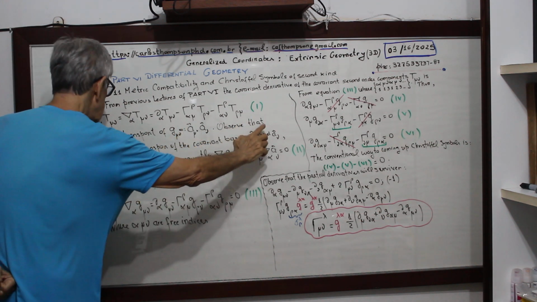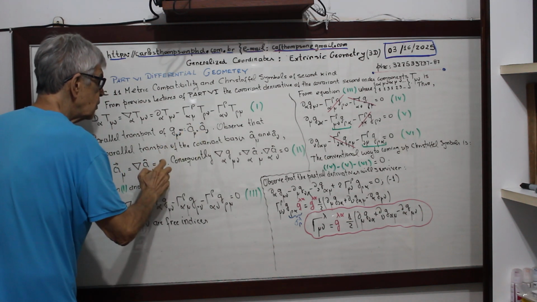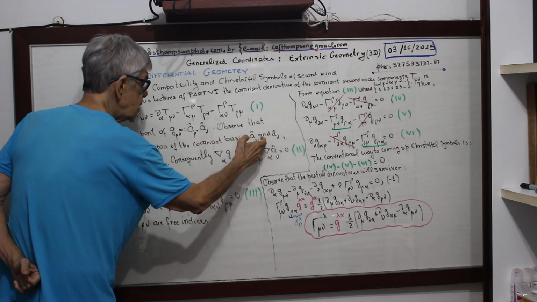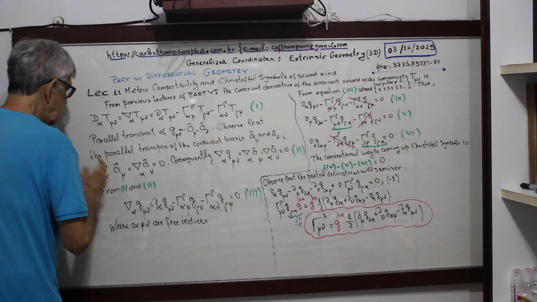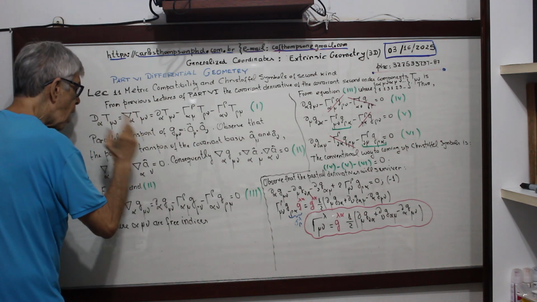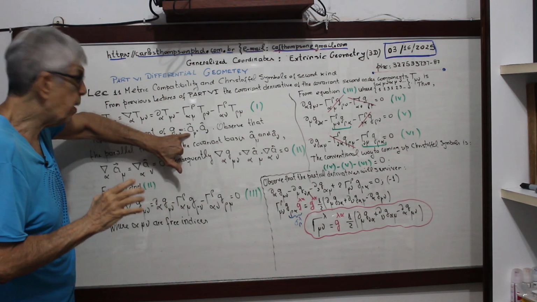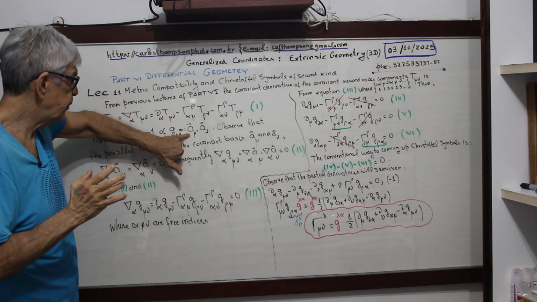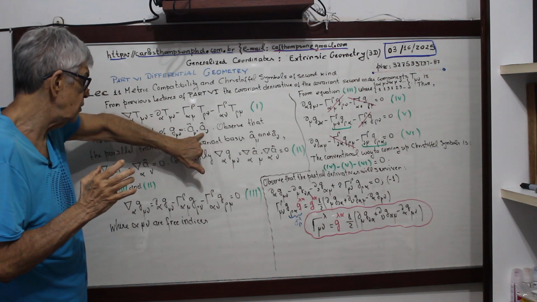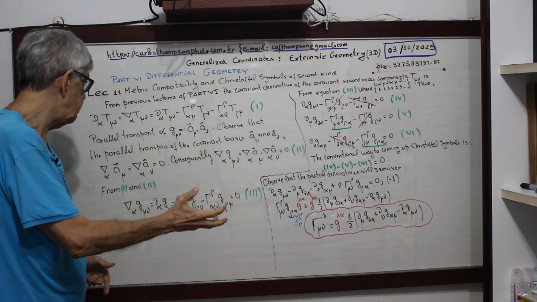Now, you have to observe the parallel transport of each of these vectors, in this case the covariant basis a_μ and a_ν. This will be 0. Why? Because the parallelism of a_μ and the parallelism of a_ν is 0, according to the previous video.